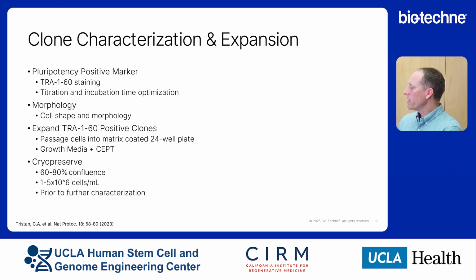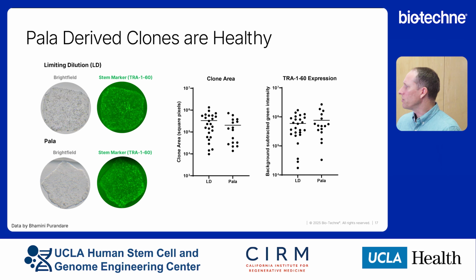And then they recommend expanding your TRA-1-60 positive clones and passaging these into a matrix-coated 24-well plate, using similar processes to those I described previously, and to also, at this point in time, start to cryopreserve your cells once they've reached 60 to 80% confluence, prior to any further characterization that you do.